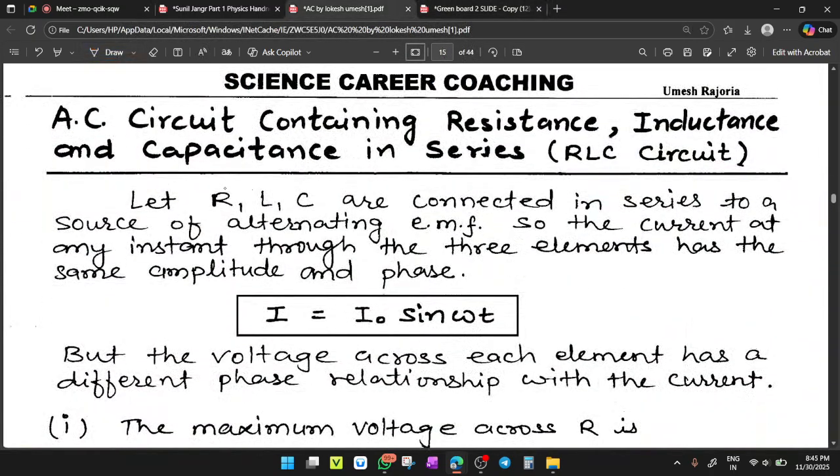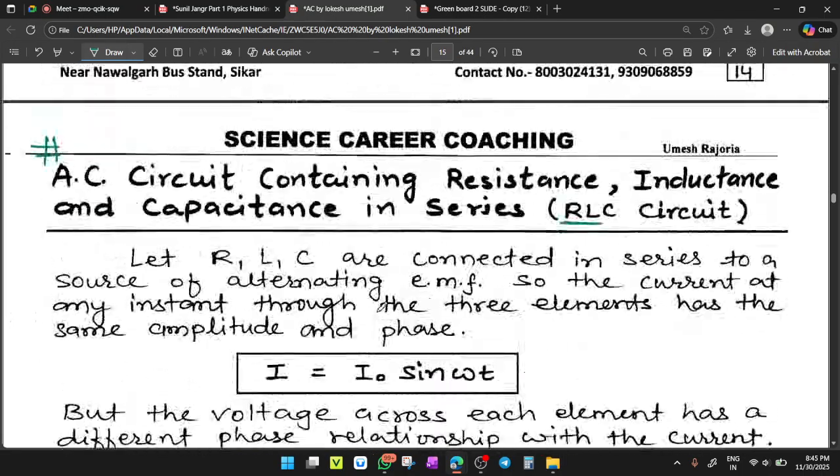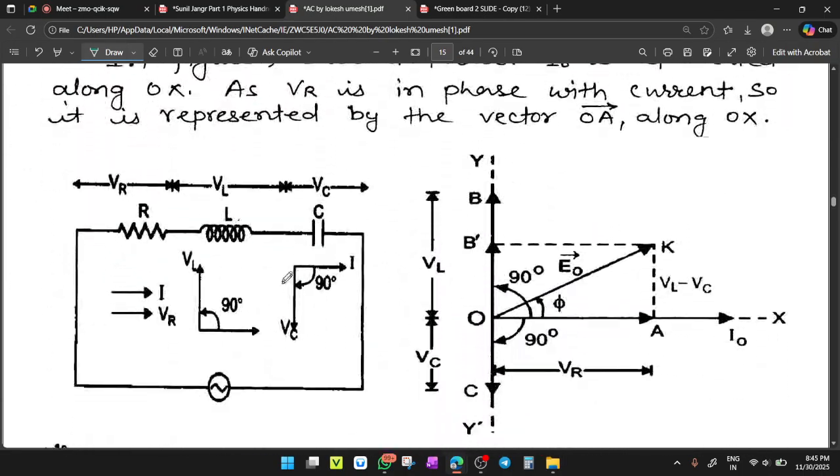Okay, so next topic, make the heading: AC circuit containing resistance, inductance, and capacitance in series. This is called an RLC circuit. So three circuit elements will be connected together: resistance, inductance, and capacitance.